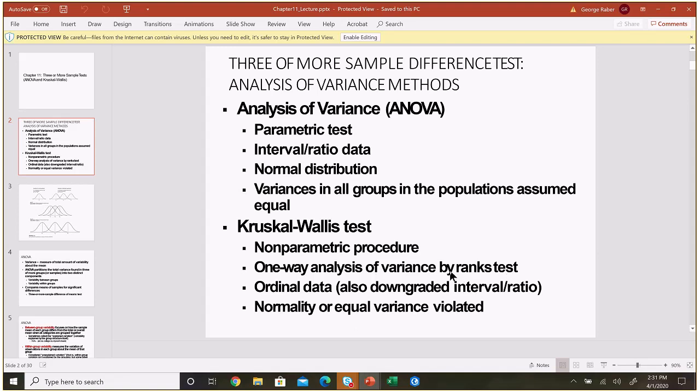Now, if you already have ranks, you can use the Kruskal-Wallis test directly. So you either have ranks or your data can be converted to ranks. Most software packages will do the conversion for you. You don't actually have to rank them, but you could do it. You just line them all up and you assign the first one 1, the second one 2.